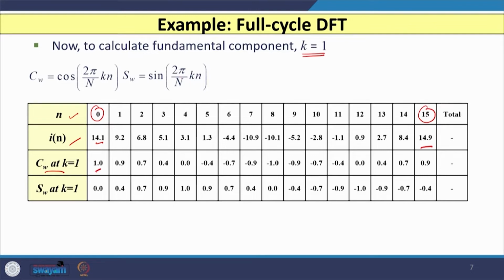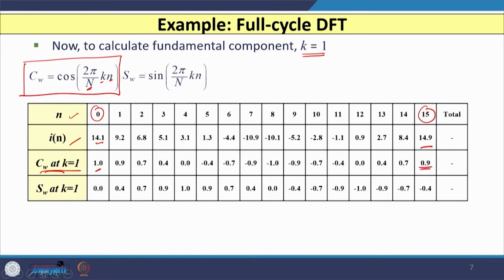Simply put C_w equal to cos of 2 pi, capital N is 16, k is 1, and n you have to vary from 0 to 15. If you put this value in this equation, you will have the values of C_w, that is 1 up to 0.9 as the last value.